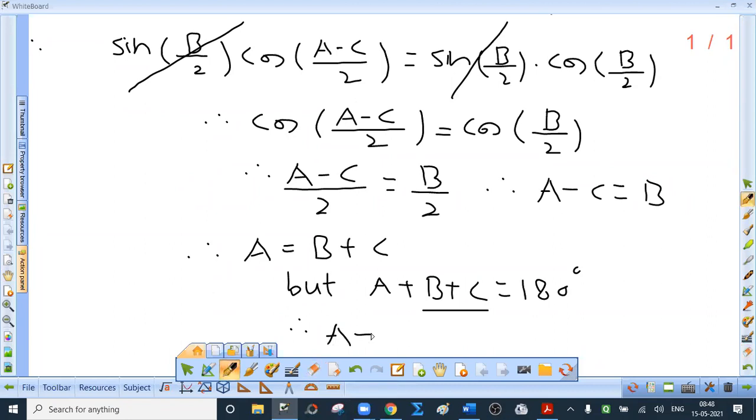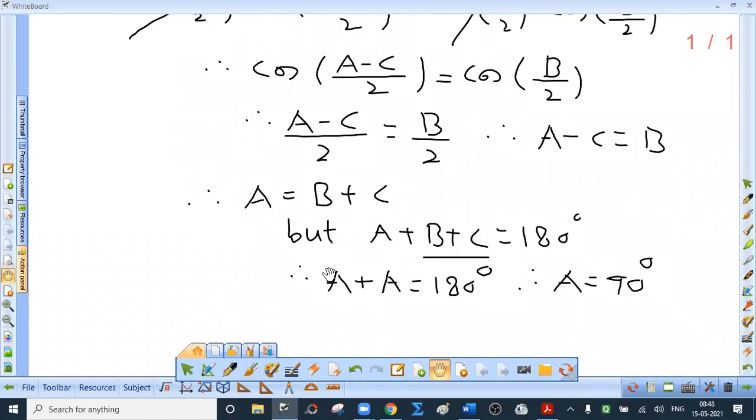Therefore, A plus A is 180 degrees. So what is the measure of angle A? 90 degrees. So in a triangle, one angle is of measure 90 degrees. Therefore, triangle ABC is a right angle triangle, right angled at A. Right.